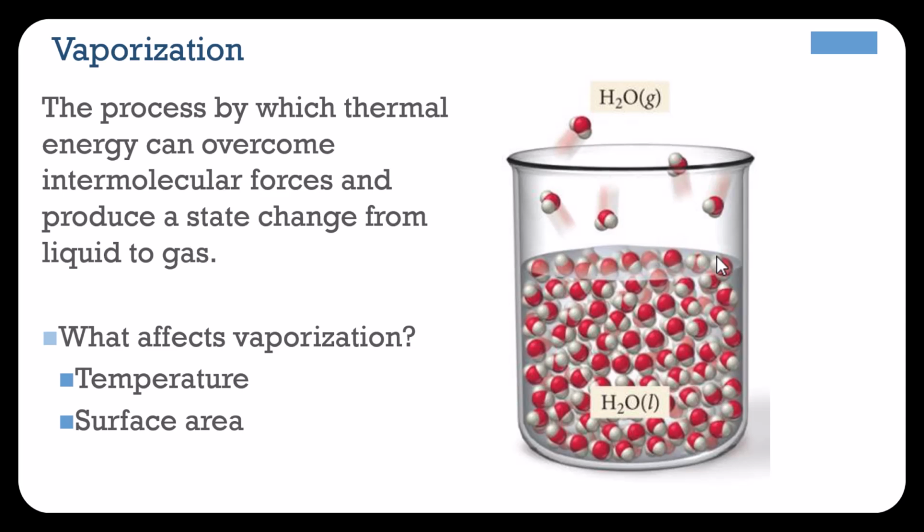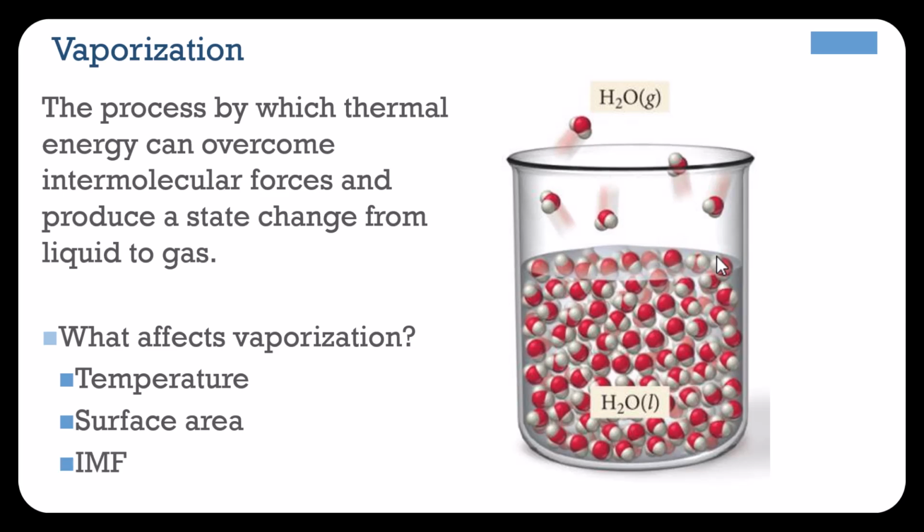So think about if I set a beaker of water on the counter, or if I took that same amount of water and dumped it out over the whole area of the counter, which one of those two samples would evaporate faster? The one that's spread out is going to evaporate faster. That's just because more particles are at the surface, so we would see more of them vaporize than in that beaker, where there's just a teeny tiny number at the surface.